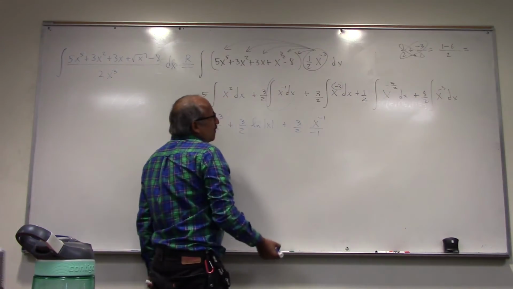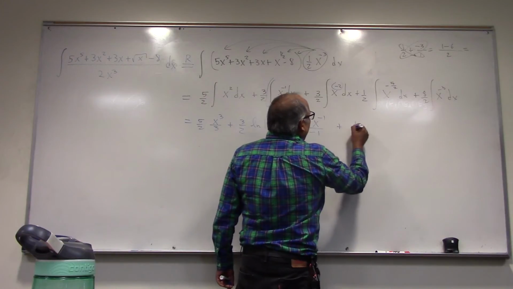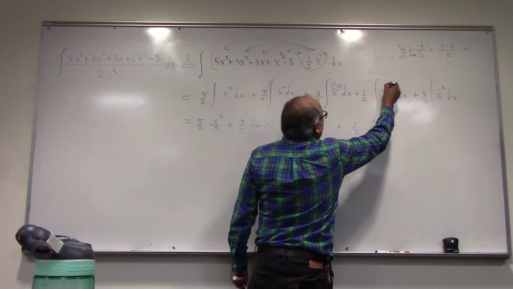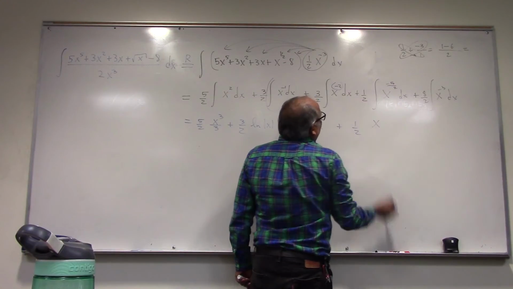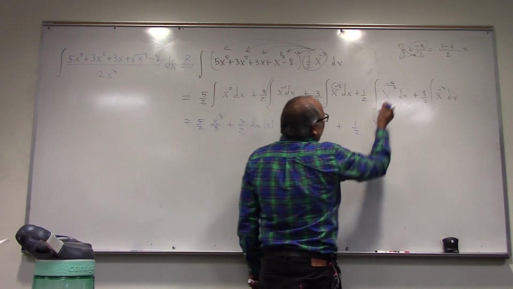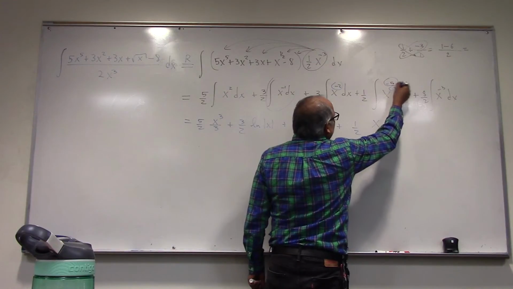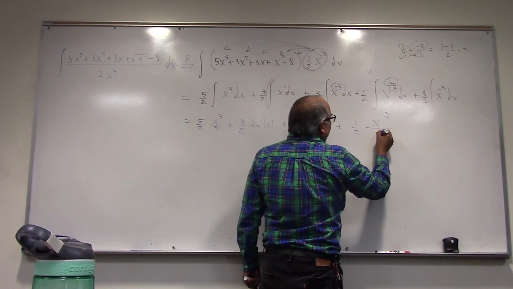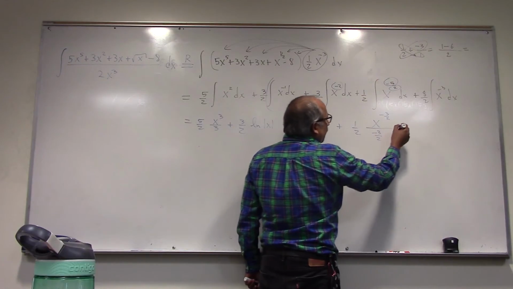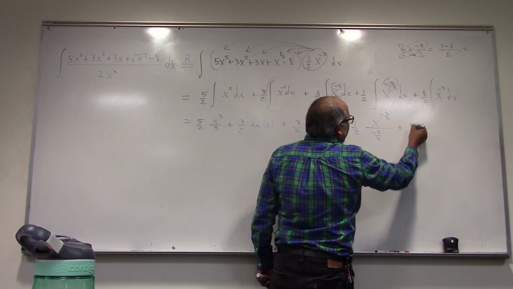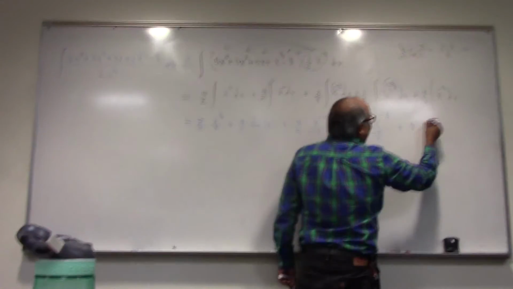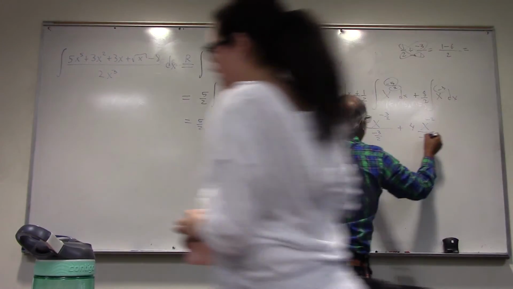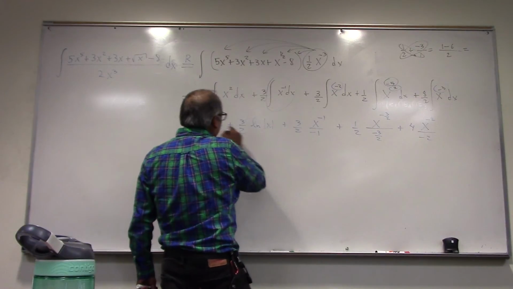Plus 1/2 x to the, how much is negative 5/2 plus 1? You add them up, it's negative 3/2, divided by negative 3/2. You can simplify it if you wish. Plus 4, because 8 over 2 is 4, x to the, you add 1 to negative 3, negative 2. And that's the final answer. You can add plus C if you wish, but that's the final answer.